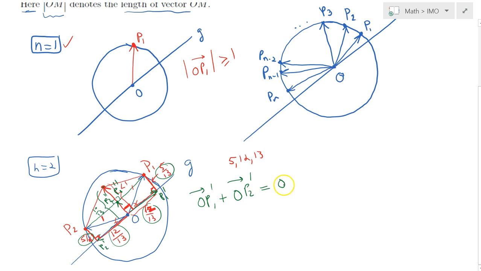So therefore, they will cancel each other. And finally, we would get this point here, which is basically P1 plus P2, so therefore the vector P1 plus P2, let's put it like this.